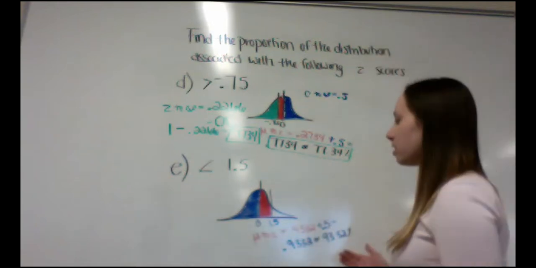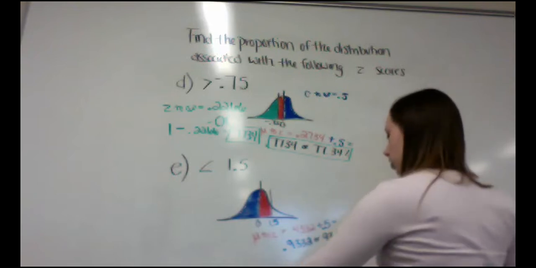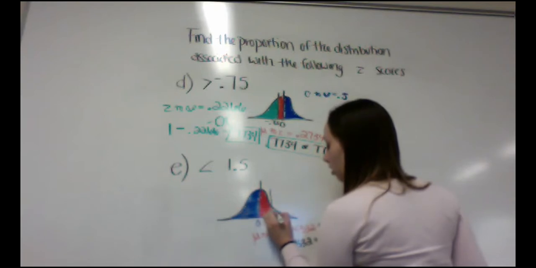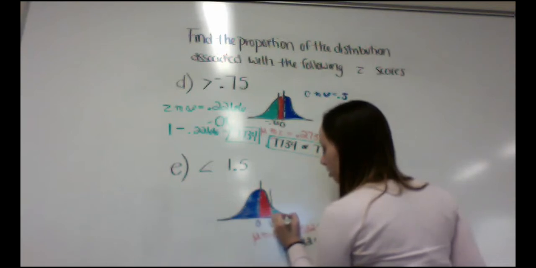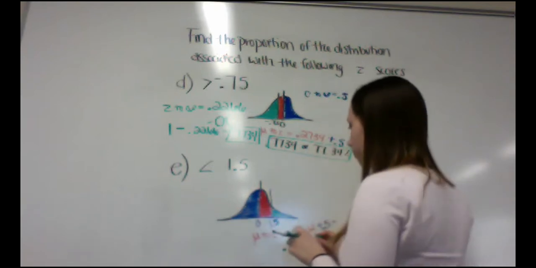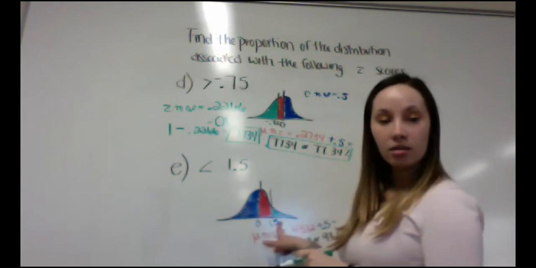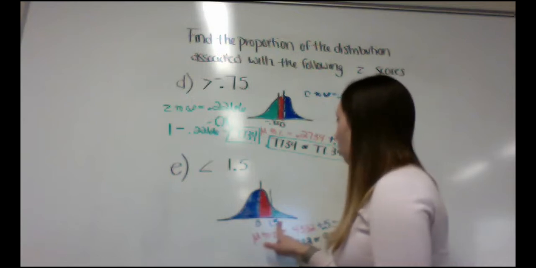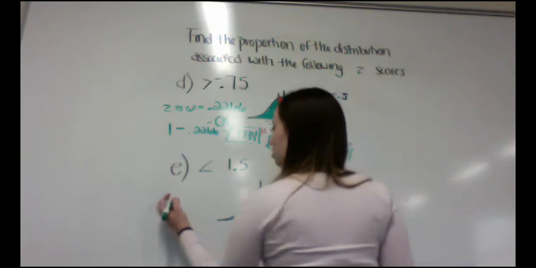Again, you can find this by doing it the other way. You can find the green piece by doing z to infinity and subtracting from 1. So let's do that as well. So we can find the green piece and then subtract from 1 to also get the same answer. So in order to do that, we need to do our z to infinity.